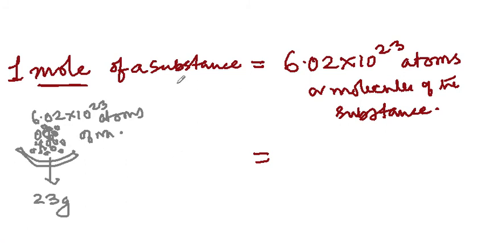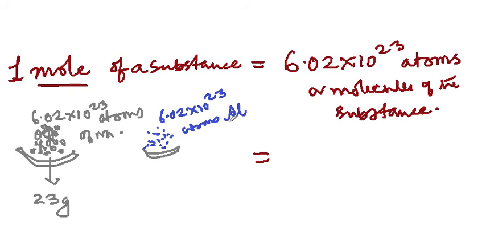Now if we similarly take the mass of 6.02 into 10 to the power of 23 atoms of aluminium, its mass will come out to be 27.